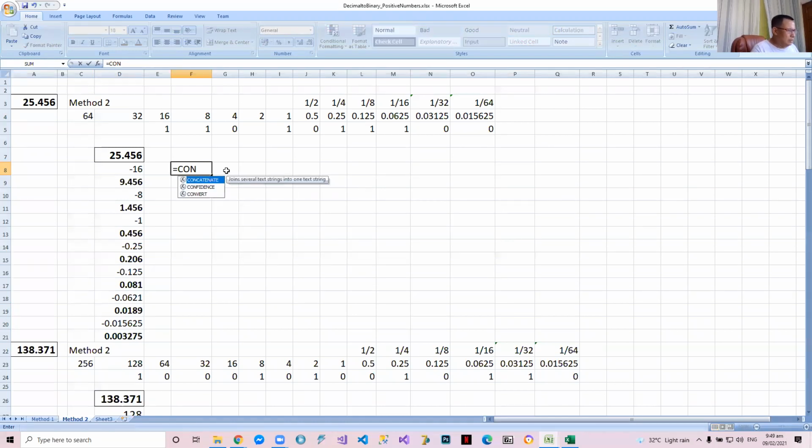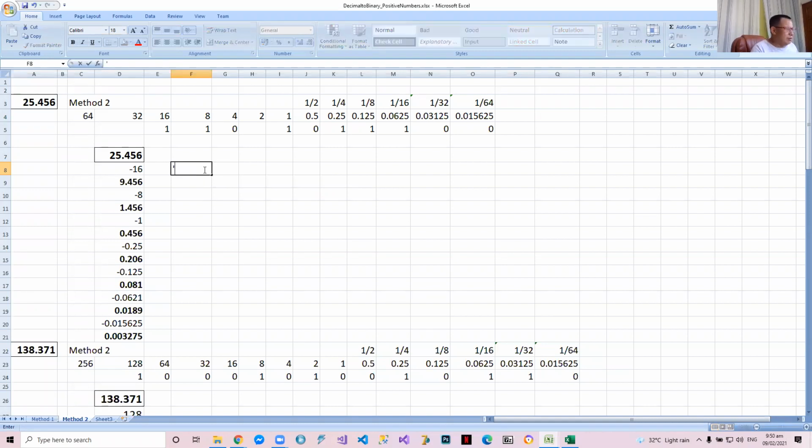Concatenate. Concatenate. It doesn't want to, no? Okay. It won't. What's wrong with this?